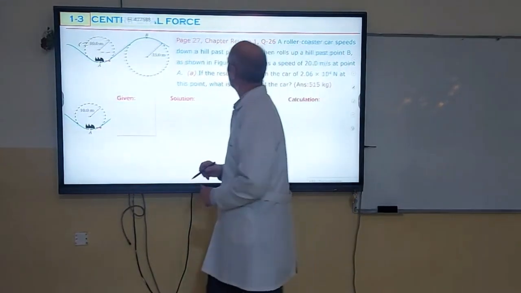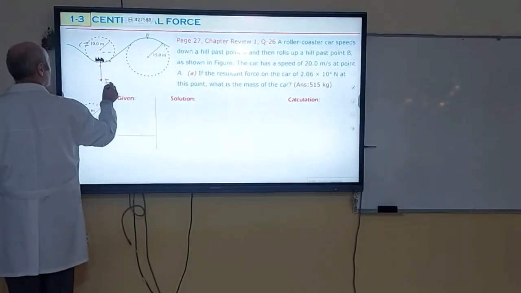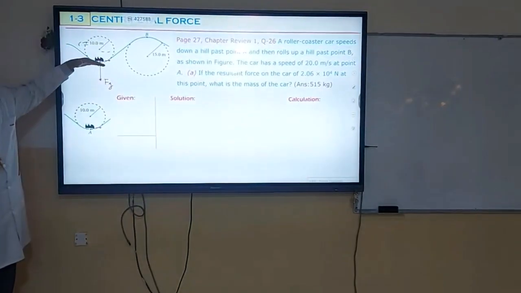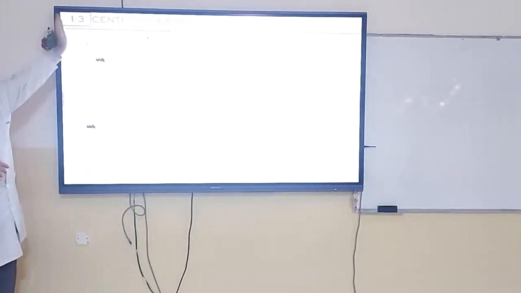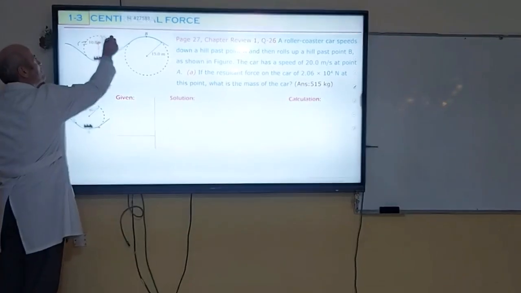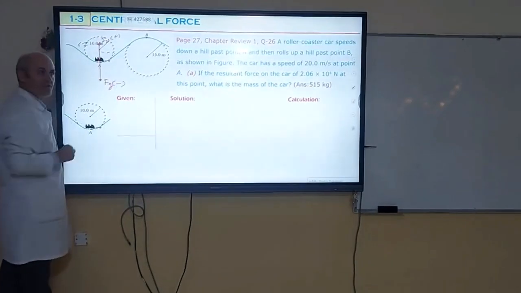What is the direction of the gravitational force? Downward. Fg. The second force is the normal force, because this car is in contact with the track. At that position the track is instantaneously horizontal, so the normal force must be vertical, upward. Normal force is positive because it points to the center. Fg is negative because it points away from the center.